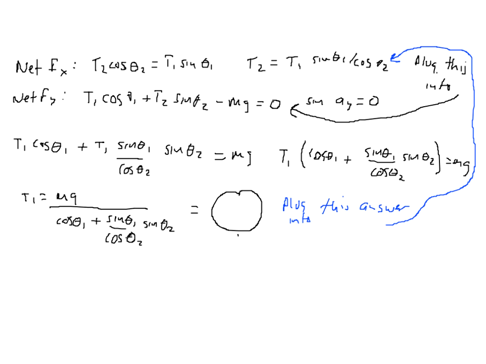So if I would have been smart, instead of doing the T2 equals T1 bit, what I should have done, because I changed my problem around kind of at the last minute, is I should have said T1 equals the other way around, T2 cos theta 2 divided by sine theta 1.